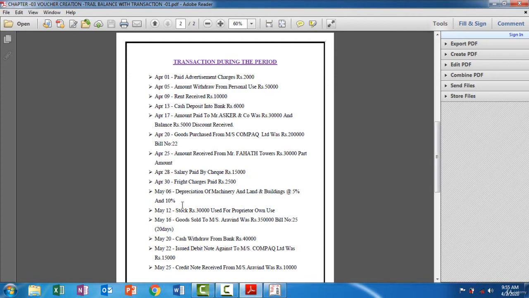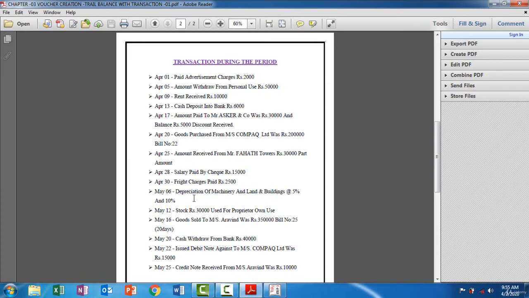The next transaction is May 6, depreciation of machinery and land and building, 5% and 10%. It means machinery depreciation 5% and land and building 10%. In this transaction we have to enter into the journal voucher because it's not cash or related to anything else.